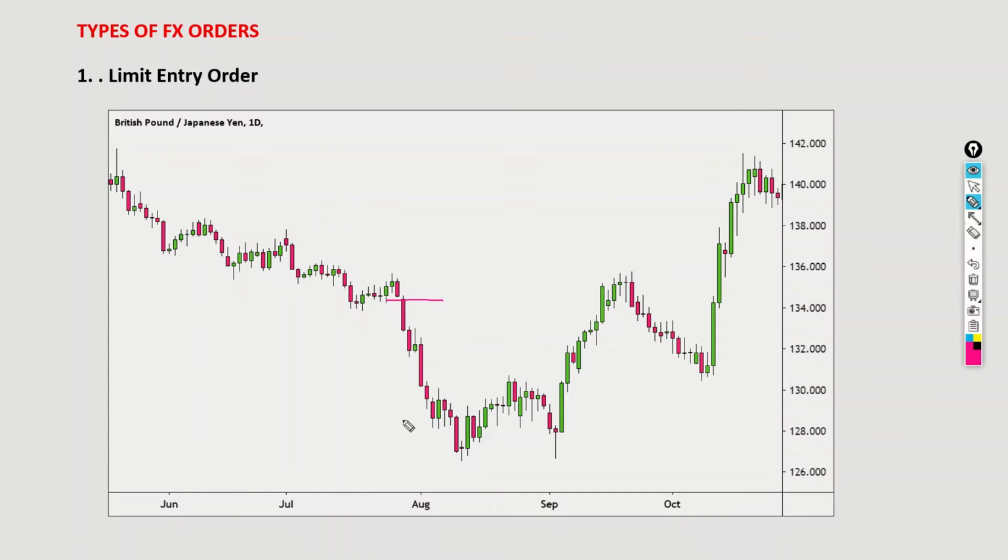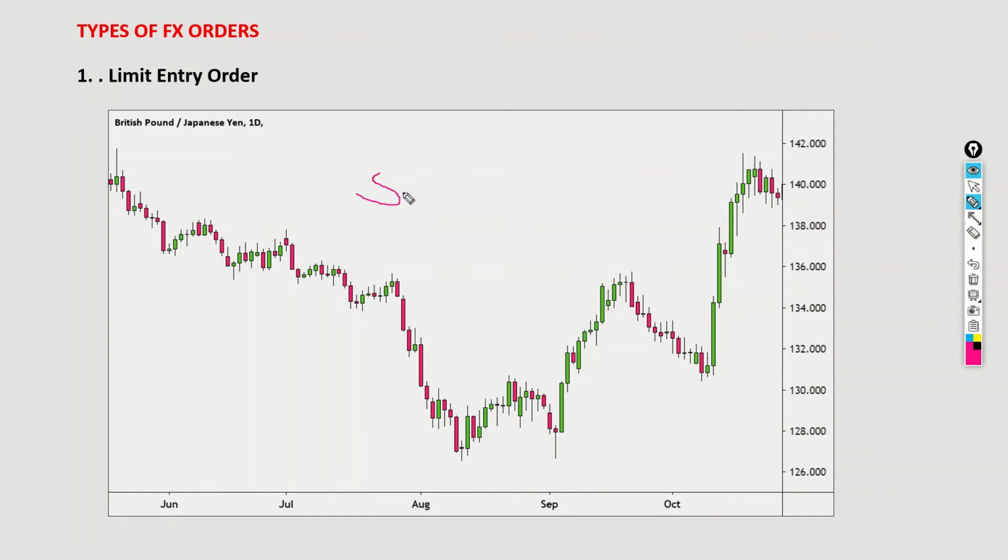This is the current price. We shall wait, and we set the system to make a buy limit order. So when the price drops, it hits our desired level, and then your buy order is triggered. After your buy order is triggered, the current market price drops and then finally goes up. That is what we call a buy limit order.